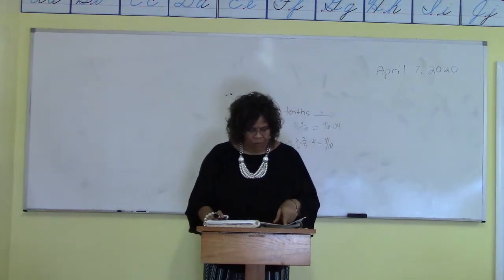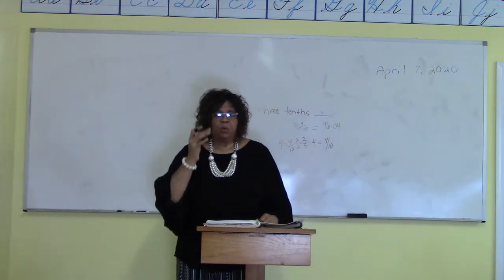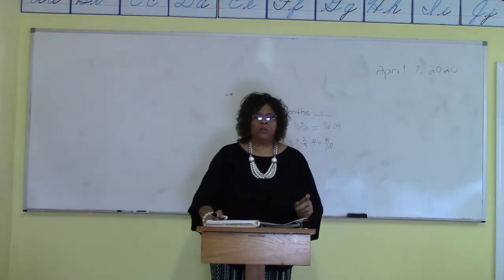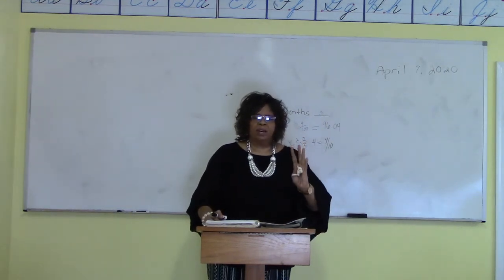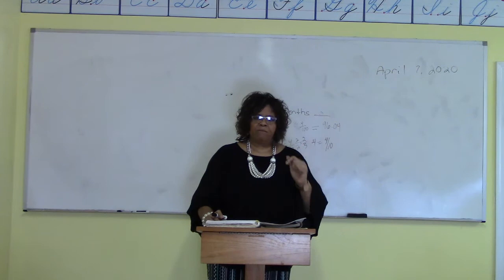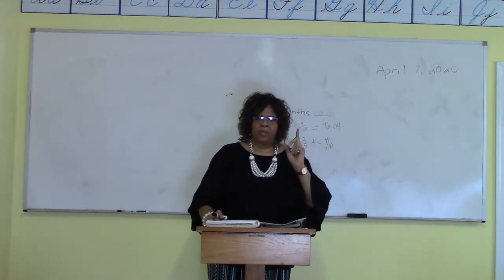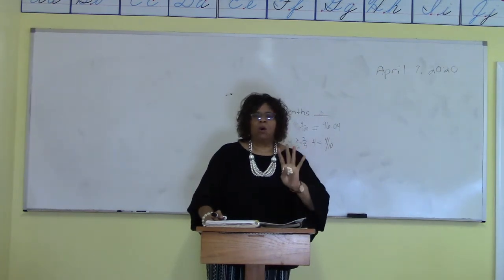For number 4, here we go. We have some more story problems. Always look for the clue words so we can understand which mathematical function we need to use, whether we add, subtract, multiply, or divide.